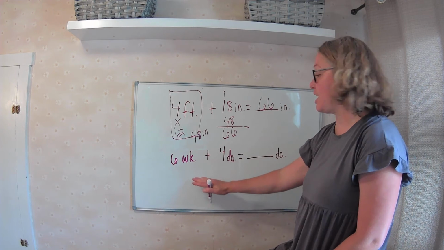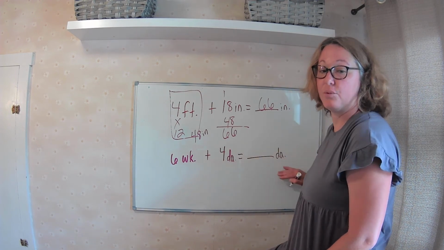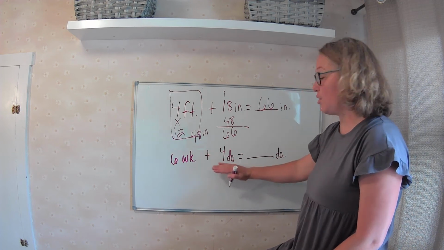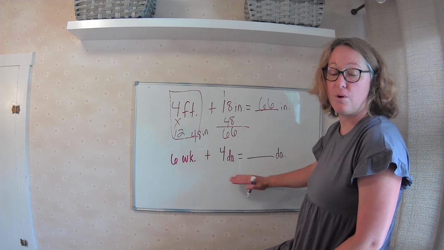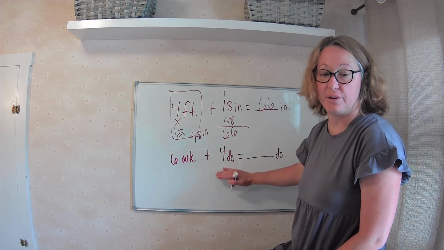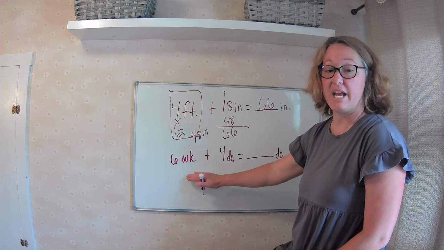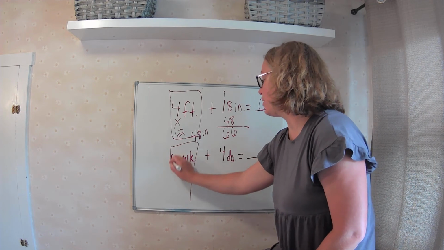All right, let's go down here. 6 weeks plus 4 days, and we're going to days. This 4 days is already in the measurement that we're going to, so we leave it alone. There's nothing we do with it. We just hold on to it for a minute. But this 6 weeks, we need to change. So we draw a box around the one we're converting.